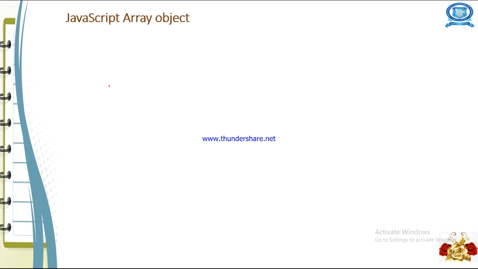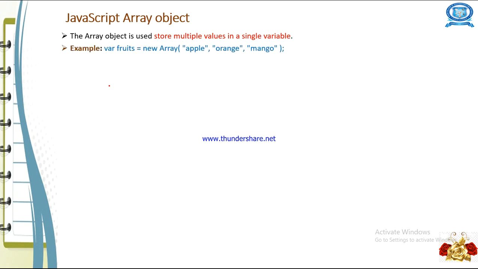Then JavaScript array objects. The JavaScript array object is generally used to store multiple values in a single variable. You have one single variable, but in this single variable you store multiple values.